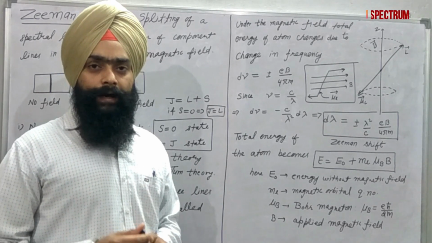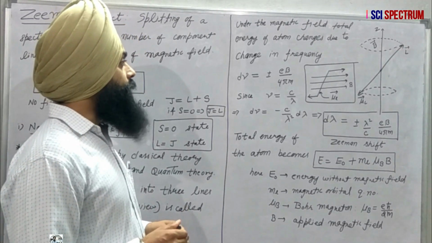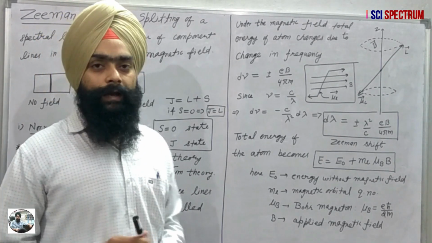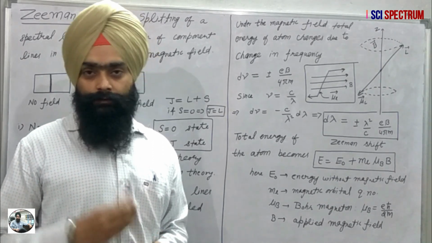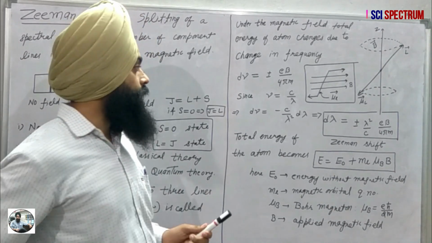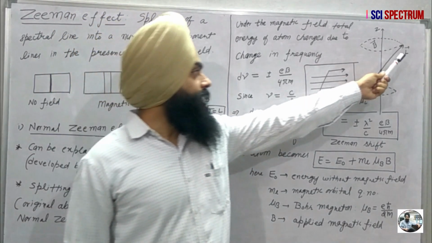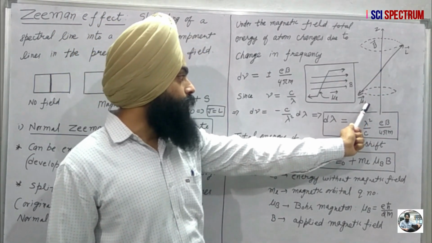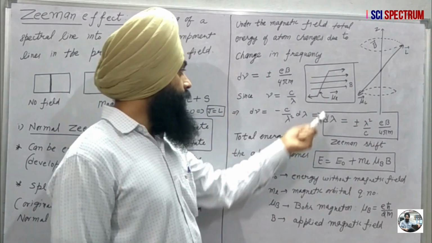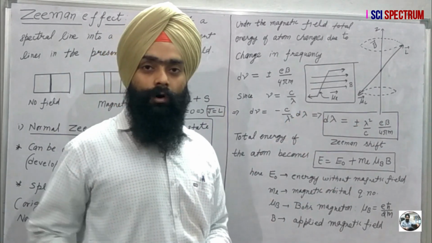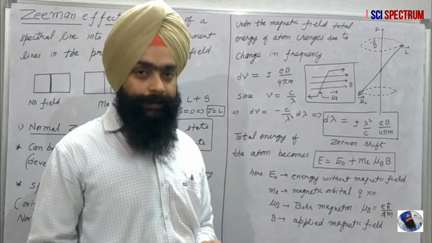We already know that under the application of a magnetic field, the total energy of the atom changes. Why does it change? Here is the picture. We know that the orbital angular momentum has a dipole moment mu L. It has two poles of equal and opposite nature.